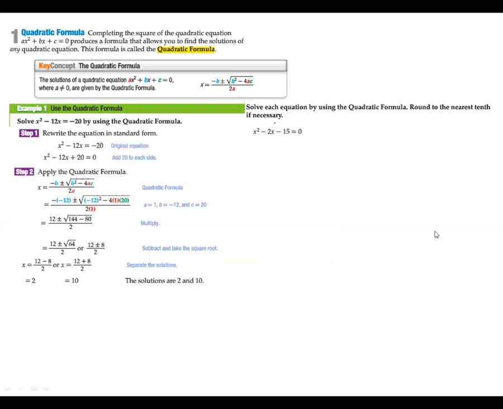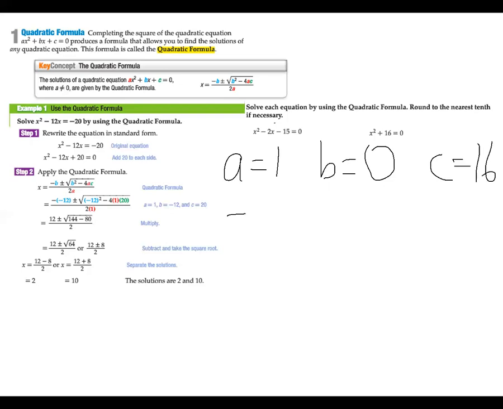Okay, one more. I think I have one more here. Yep, x squared plus 16. Now be careful with this one. A is equal to 1, and B is the coefficient of the x term. Now watch this. The coefficient of the x term is going to be 0, because there is no x term, and C is equal to 16.